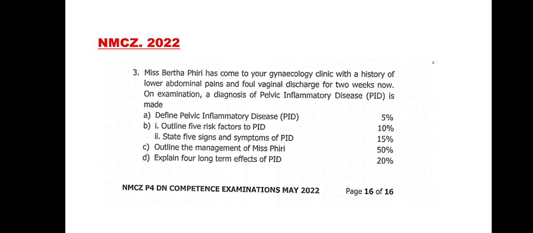When the leukocytes come to the infected area, we have what we call the cardinal signs of inflammation. On the cardinal signs of inflammation, you find that there is pain, dolor, and increased temperature is actually one of the signs of inflammation. Okay, so that's why this person is going to have fever and chills.